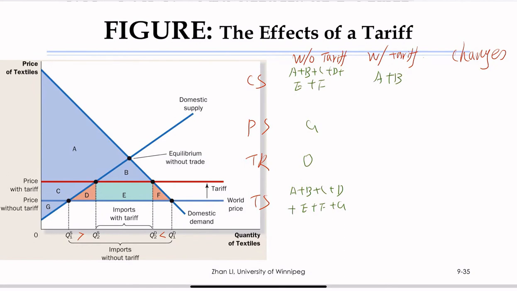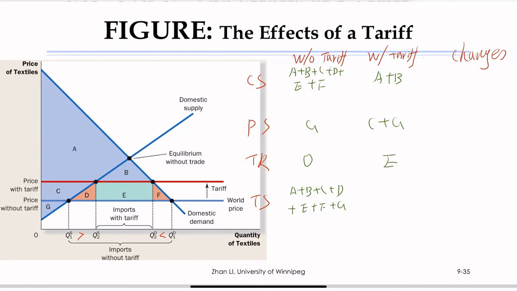Well, producer surplus would be given by the area between the price and the supply curve, so this is given by C plus G. What about tax revenue? Tax revenue is just the size of the tax, that is the tariff, times quantity imported. Quantity imported here is given by Q2D minus Q2S. So you can see that tax revenue is just E here, right?